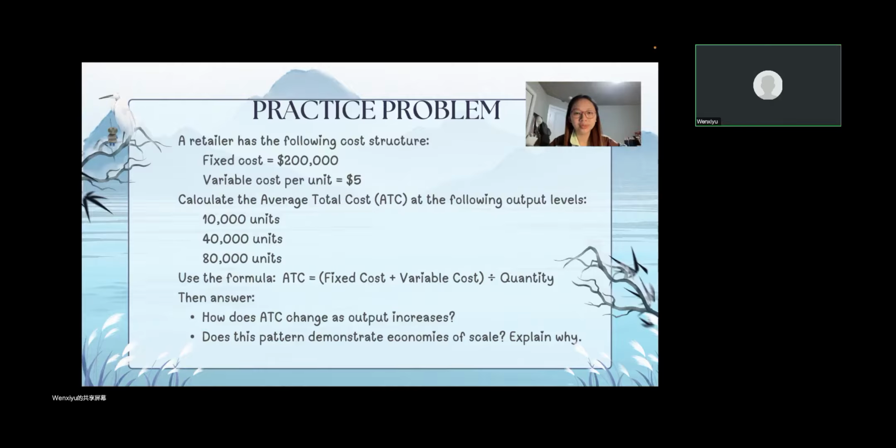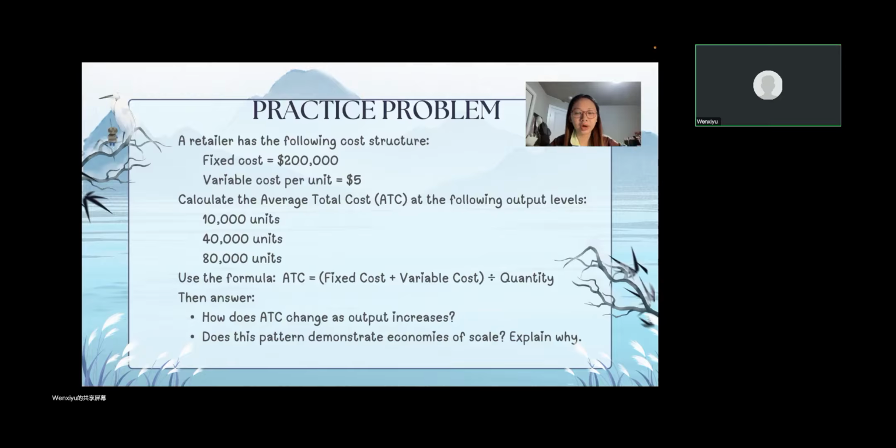Now let's walk through a quick practice problem. A retailer has a fixed cost of $200,000 and a variable cost of $5 per unit. We want to calculate average total cost, also called ATC, at three output levels: 10,000 units, 40,000 units, and 80,000 units. The formula is simple.